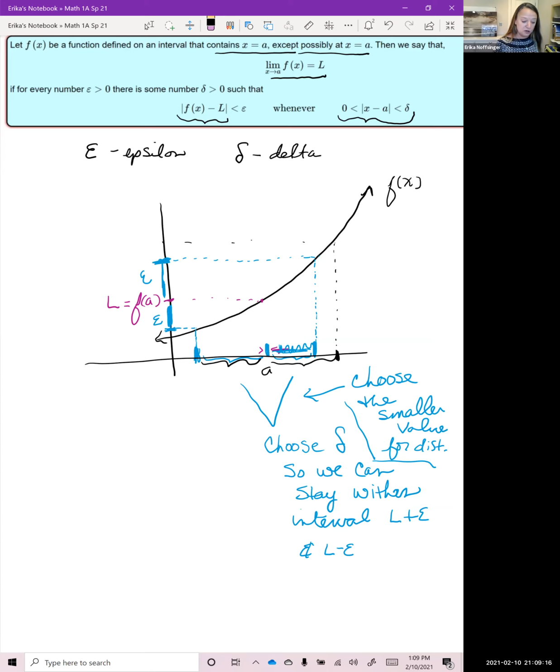So we have to choose our delta so that we're always within this boundary of L minus epsilon and L plus epsilon. So we want to stay within this, I guess we can call it a neighborhood. So we need to choose delta to stay within our neighborhood.